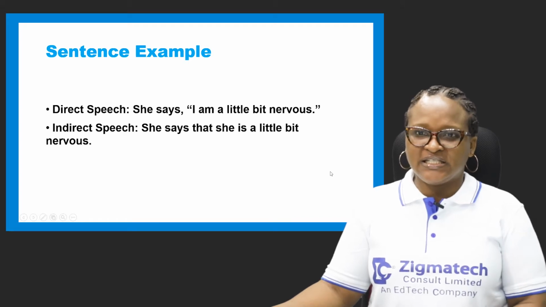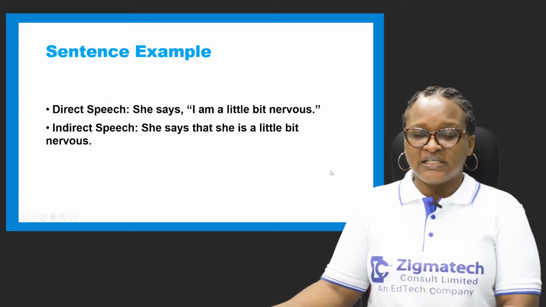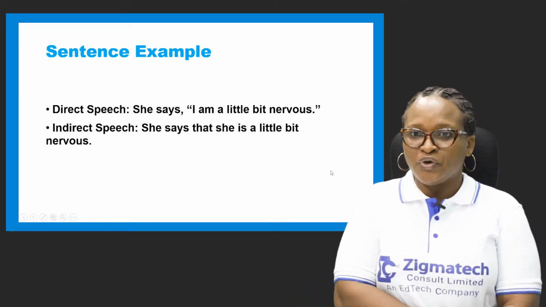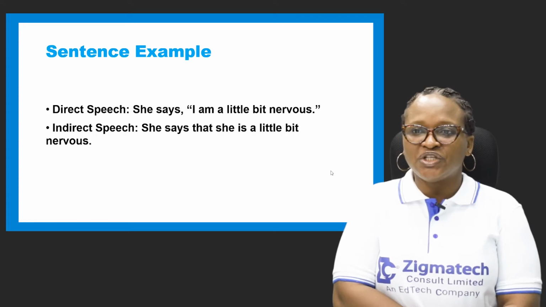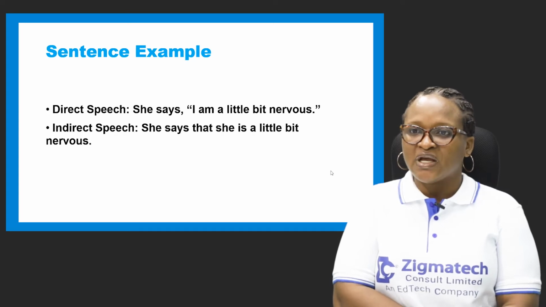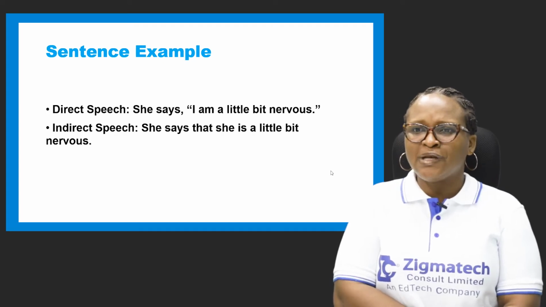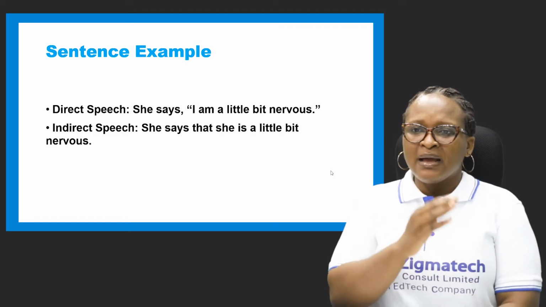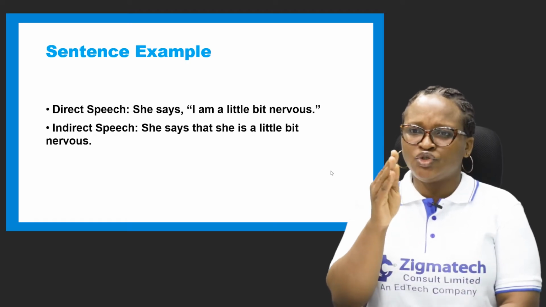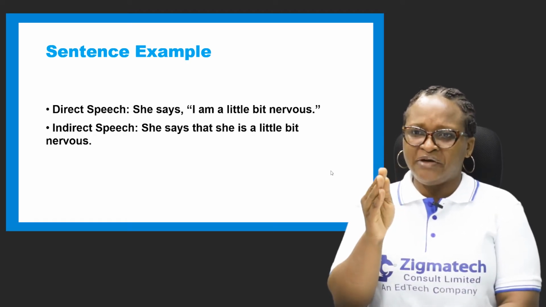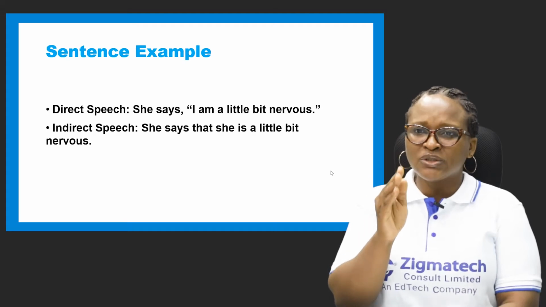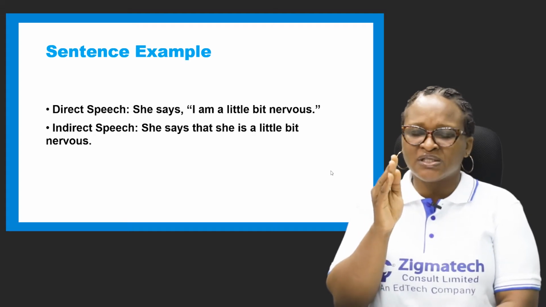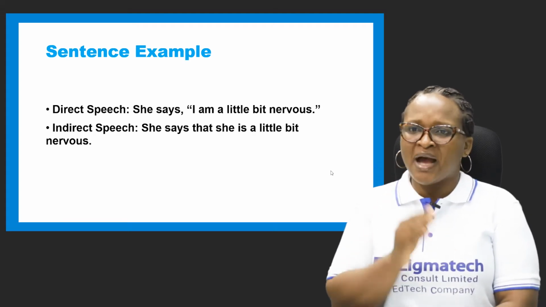All right, let's look at this sentence example, very important. Now look at the direct speech. She says, I am a little bit nervous. Now let's not just position our minds on knowing how to change from direct to indirect, but we should as well note very important things, and that's the use of punctuation marks.